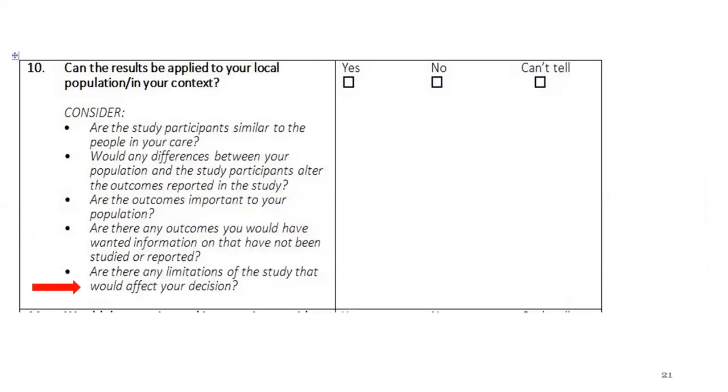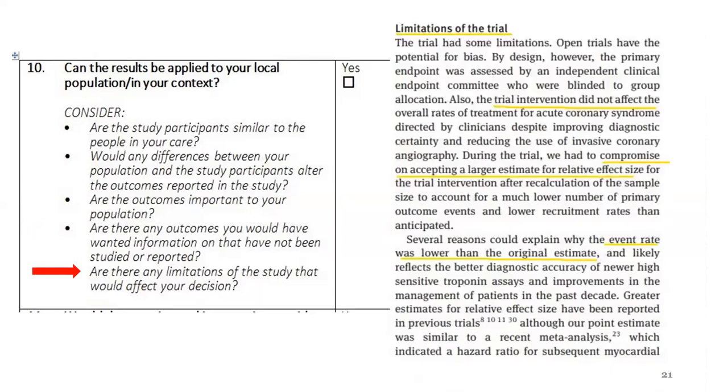Last, are there any limitations of the study that would affect your decision? If you go to the limitations section of the trial, it says it did not affect the overall rate of treatment for ACS. During the trial, the comparison accepted the larger estimate and relative effect size.